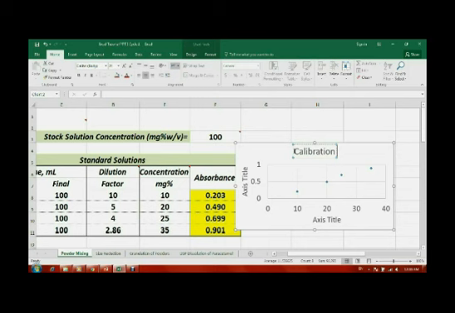Y-axis title is absorbance, as we put the absorbance values, versus the concentration, which is the x-axis title, the concentration in milligram% weight per volume.